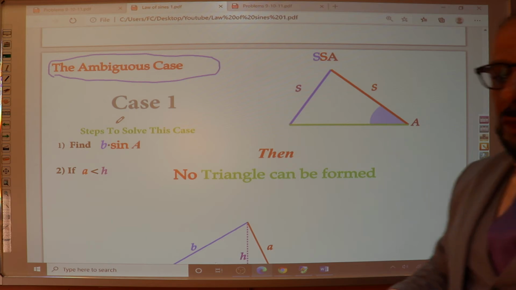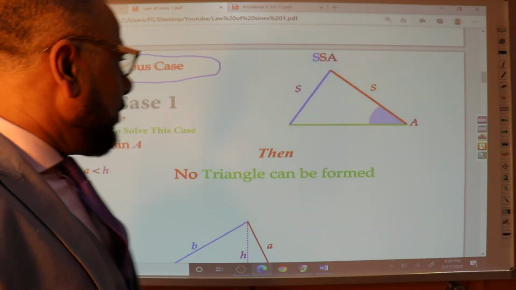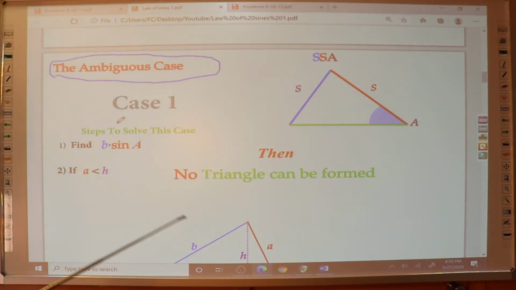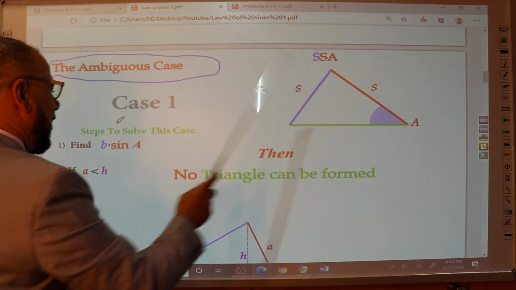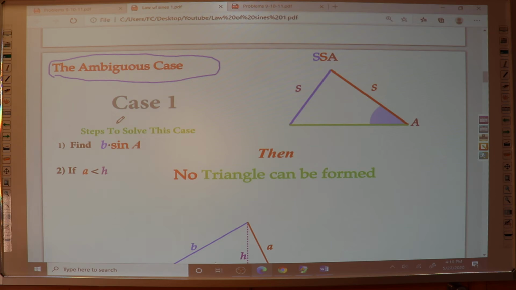If I'm able to form a triangle, this case depends on the value of A and the height of the triangle. Look here, the first case, B sine A, if A is less than the height of the triangle.